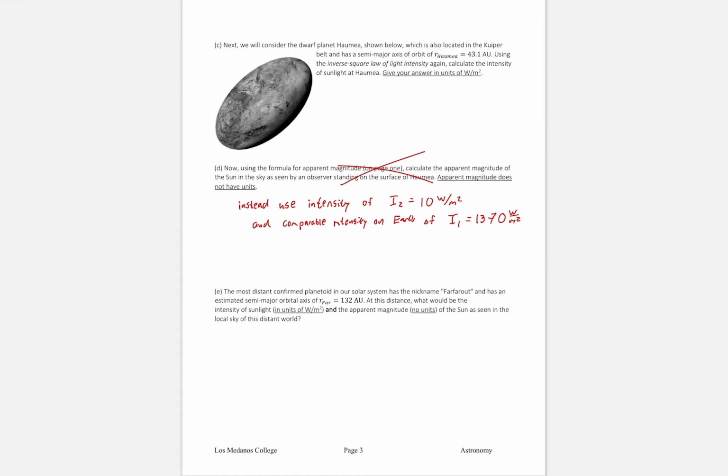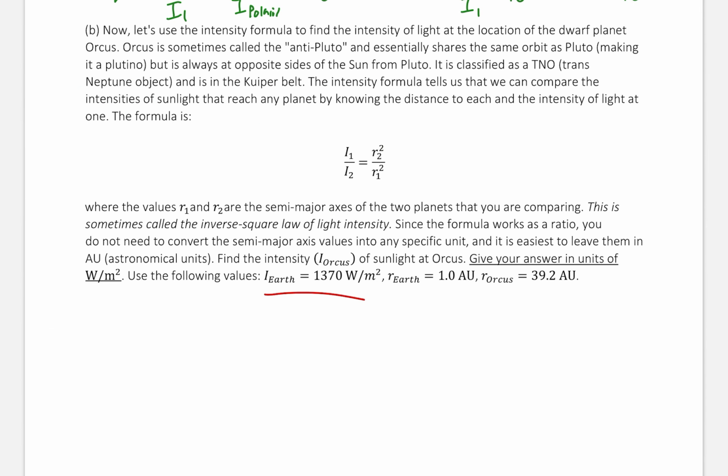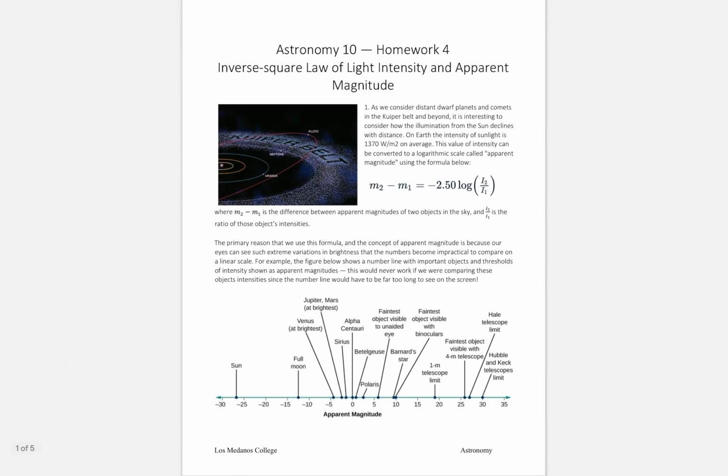And if that number looks familiar, that's because that is actually the same number for the intensity of the sun on Earth on average, which is 1370 watts per square meter. And that's a great comparison because then we immediately know what the apparent magnitude of the sun is. It's the value of, flip back a couple more pages, negative 27 right there.